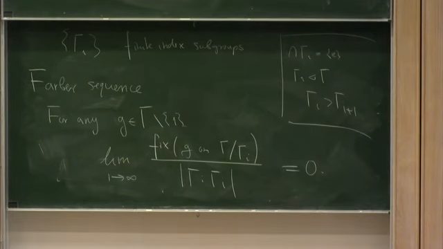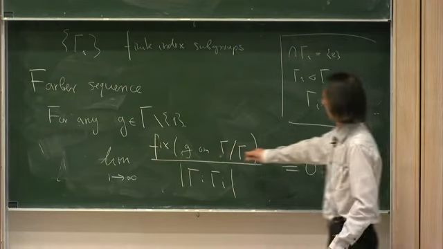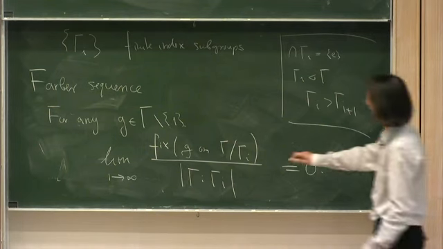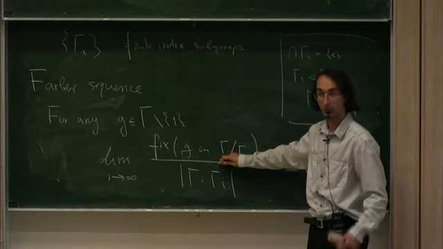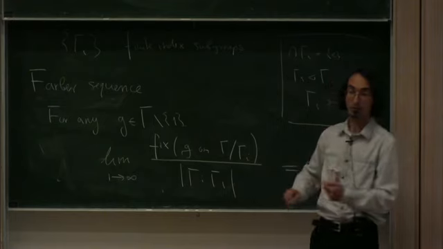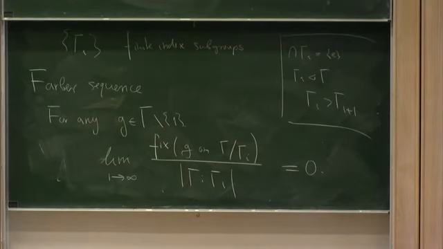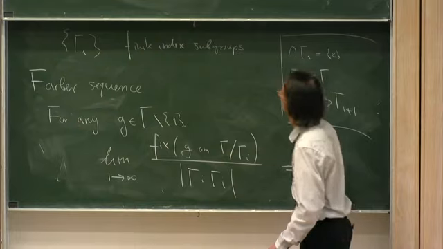Another way to say this is that the sequence of permutation representations that we get, gamma acting on the coset spaces gamma mod gamma_i, is a sequence of Sophic approximations for my group.